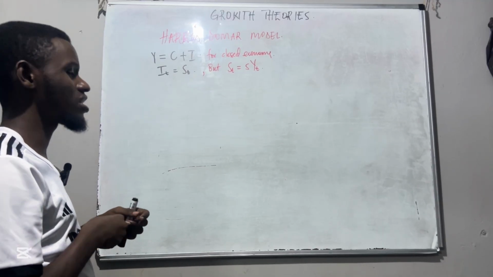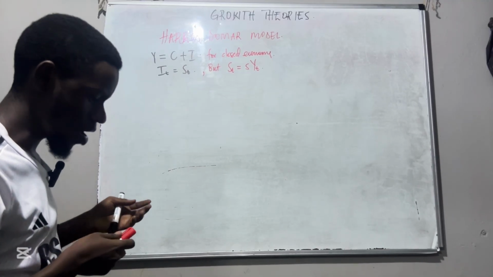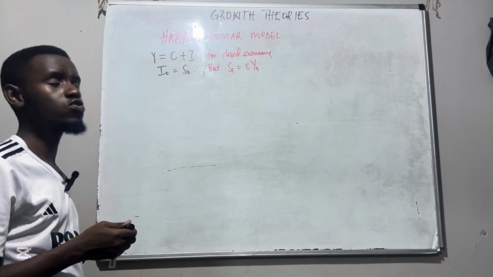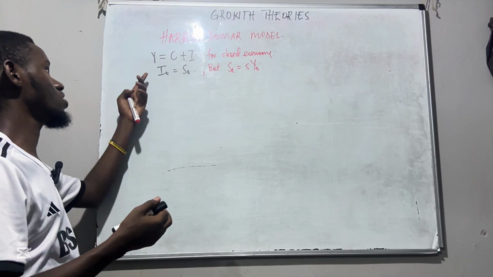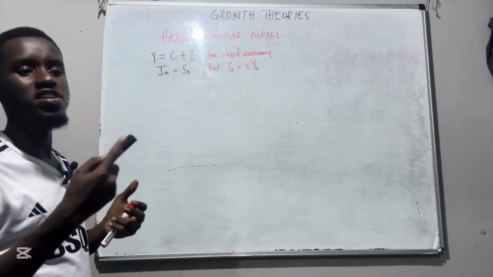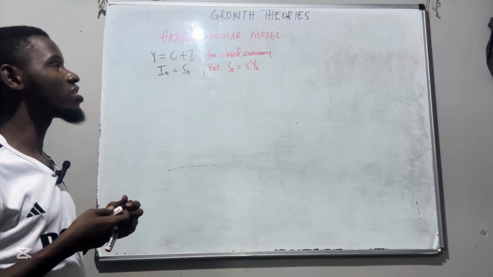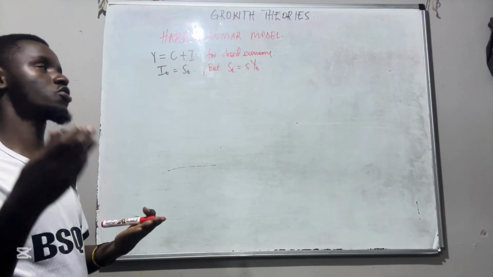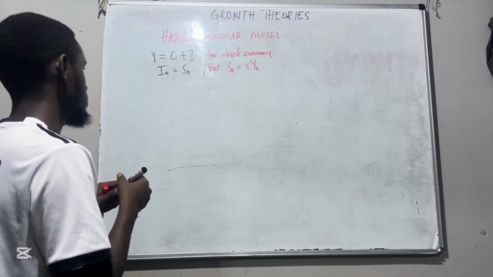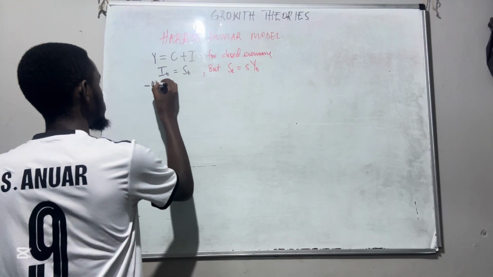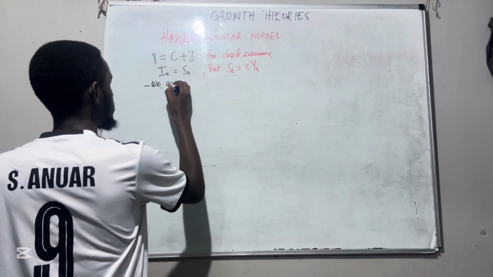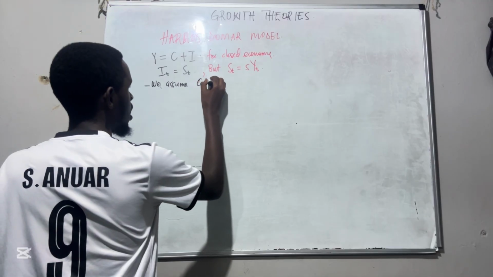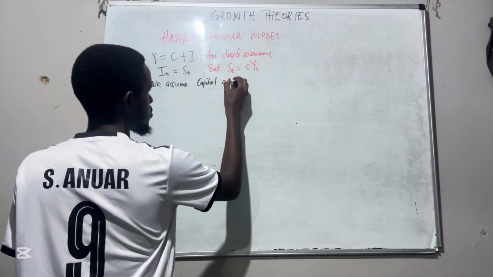In order for us to produce goods and services, in order to have Y, we need investment. We invest in capital, but capital has a depreciation rate. We assume that capital has a constant depreciation rate.